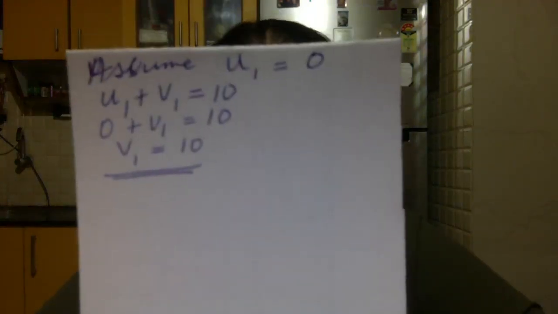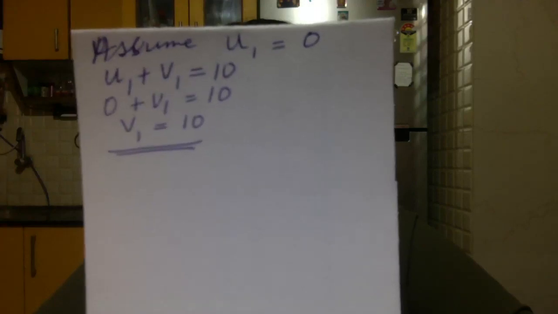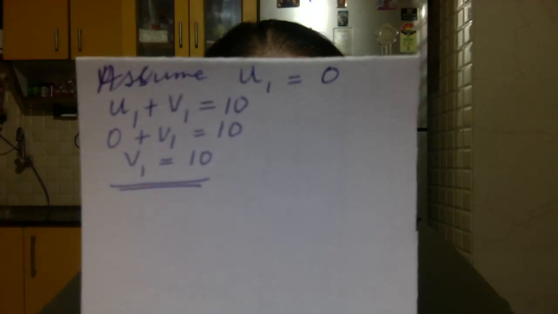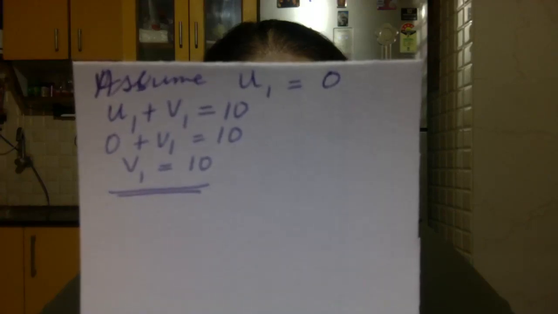First equation, U1 plus V1 is equal to 10, or 0 plus V1 is equal to 10, V1 is equal to 10. Similarly, U1 plus next equation, V3 is equal to 9.